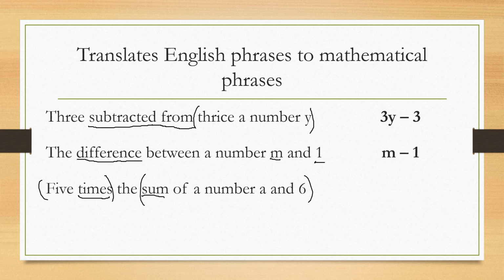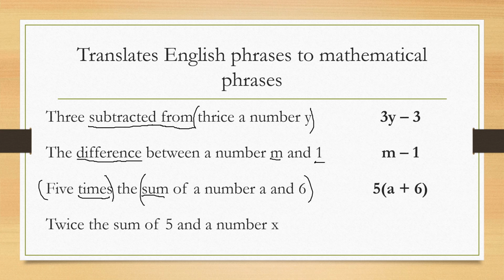So that would be 5 times, and again, pwede natin gamitin as symbol yung parenthesis. A plus 6 is the sum of a number a and 6. Kaya naging 5 times a plus 6. So that will be our mathematical phrase.